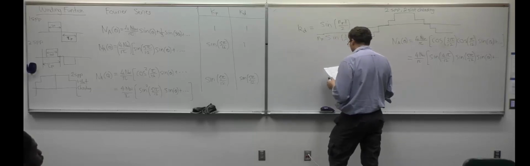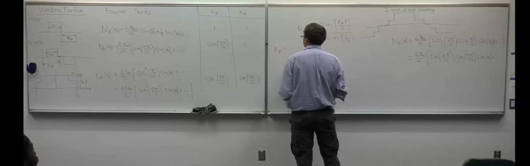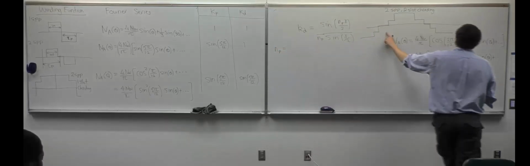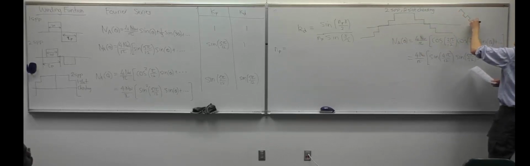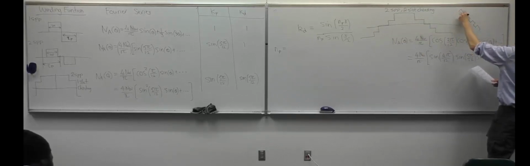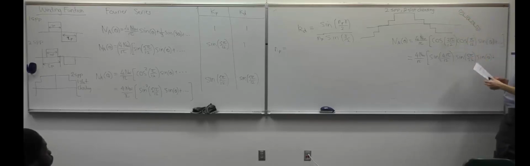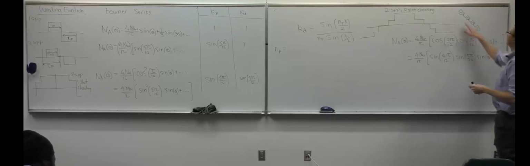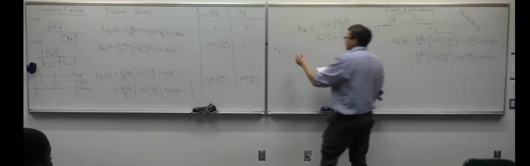What's NP going to be? Remember how we got this? We have 4 windings, so it's going to be 4, essentially.